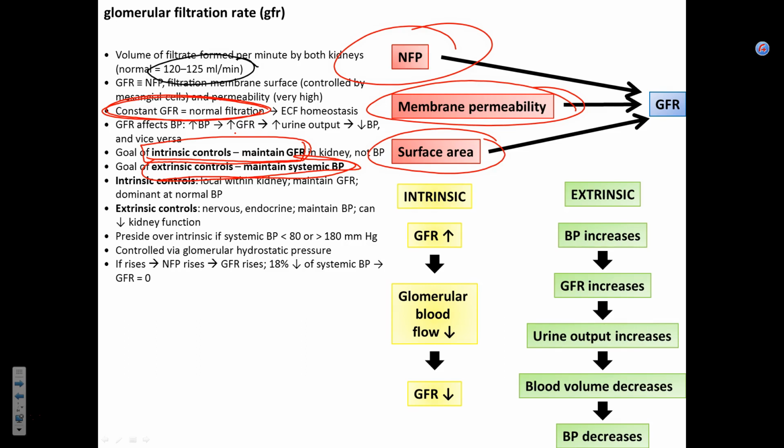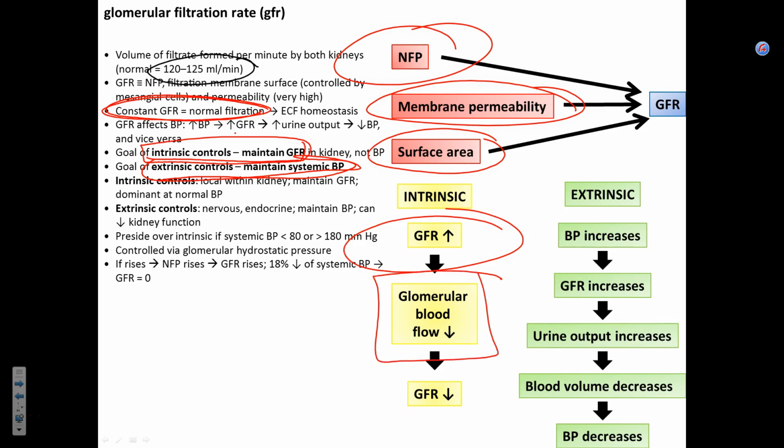Now, the question is, what can kidneys do about it? So, intrinsic controls of the kidneys regulate GFR. If GFR will decrease, as in our example, kidneys will produce the response that will increase it. That make sense? And if GFR will increase, they will produce a response.